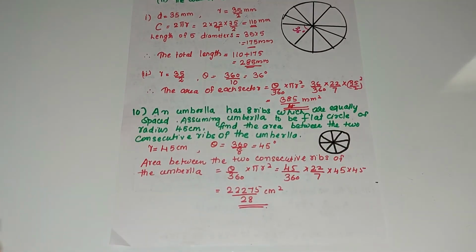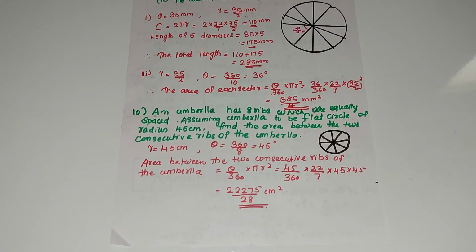Now 10th one, an umbrella has 8 ribs which are equally spaced. Assuming the umbrella to be a flat circle of radius 45 centimeter, find the area between the two consecutive ribs of the umbrella.